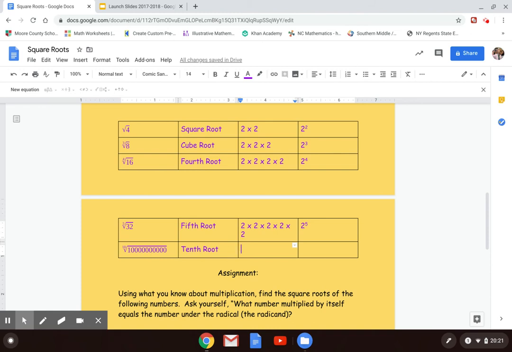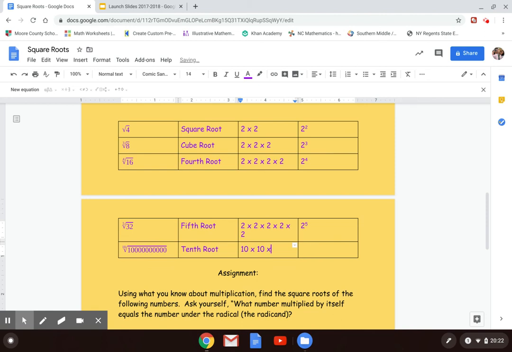Okay? And then down here, I've got the 10th root. Now, I personally have not computed anything above a fifth root, but you never know where you're going to end up in math, and so you might end up doing a 10th root if you needed to. So the number I have here as my radicand is 10 billion. So the 10th root of 10 billion, or what number multiplied by itself 10 times is going to equal 10 billion, is going to be the number 10.